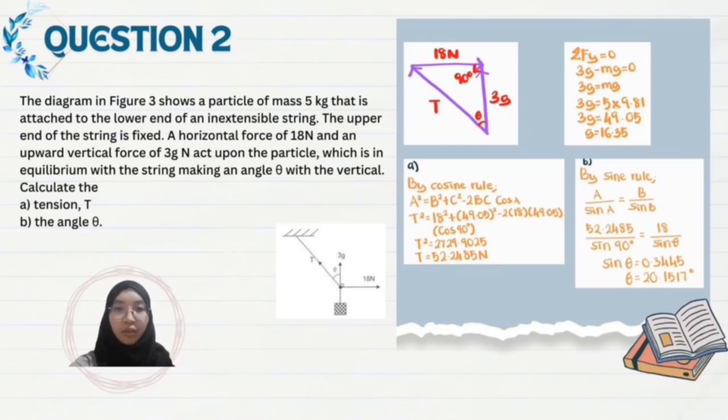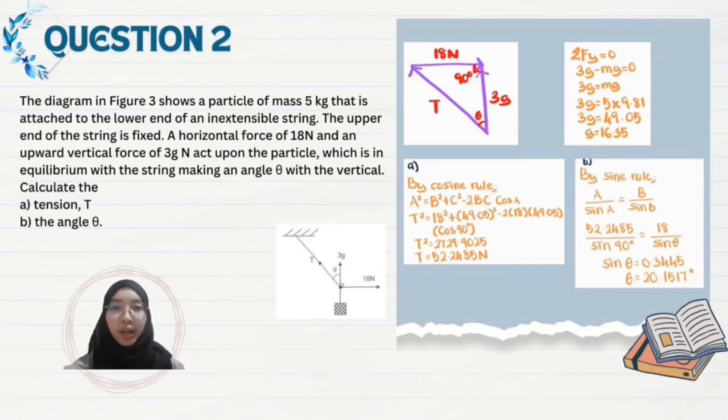A horizontal force of 18 Newton and an upward vertical force of 3 Newton act upon the particle, which is in equilibrium with the string making an angle theta with the vertical.